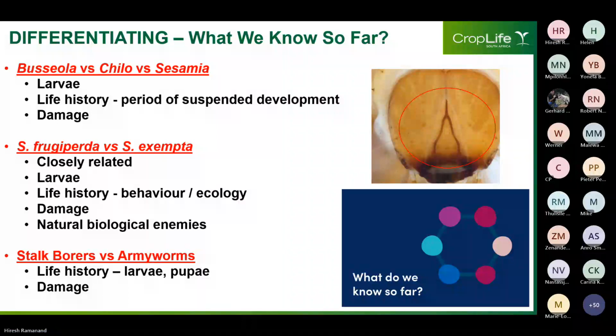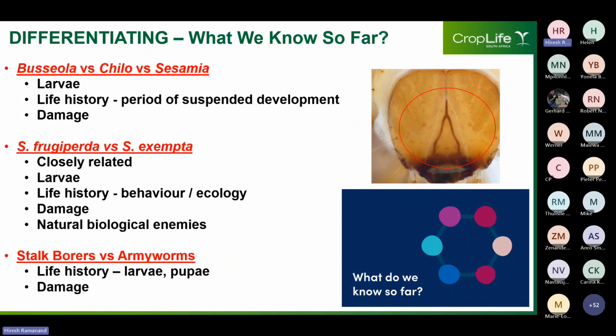Finally, let's consider stalk borers versus armyworms. As covered earlier, while it is difficult to distinguish between newly hatched early instar larvae, the later, more mature larvae can be distinguished between all species covered today.